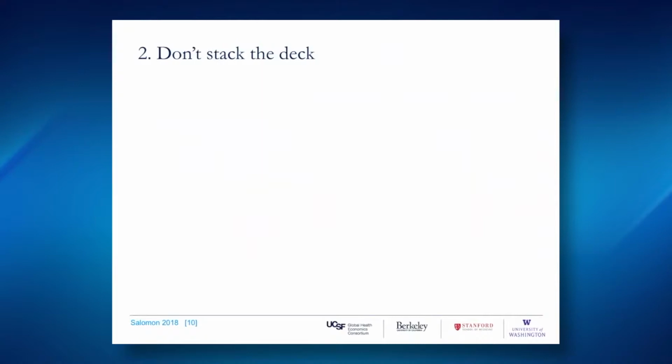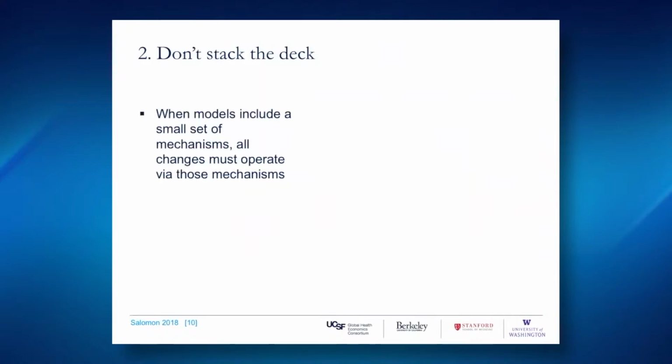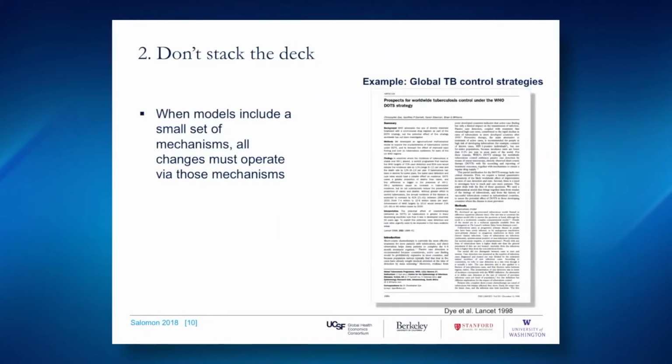Pitfall number two, put simply, don't stack the deck. Now, models will typically capture a few mechanisms, and they will operate in a very strong causal way to drive all of the epidemiologic changes in the model. But let me give you an example here that goes back to some of the earliest modeling around the World Health Organization's global TB control strategy, which went by the name of DOTS, emphasized passive case detection of symptomatic patients, and standardized short-course treatment.